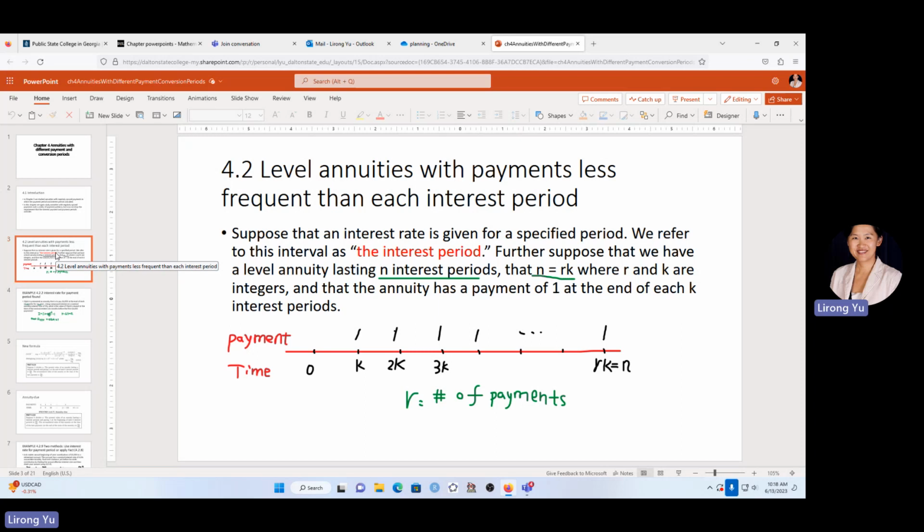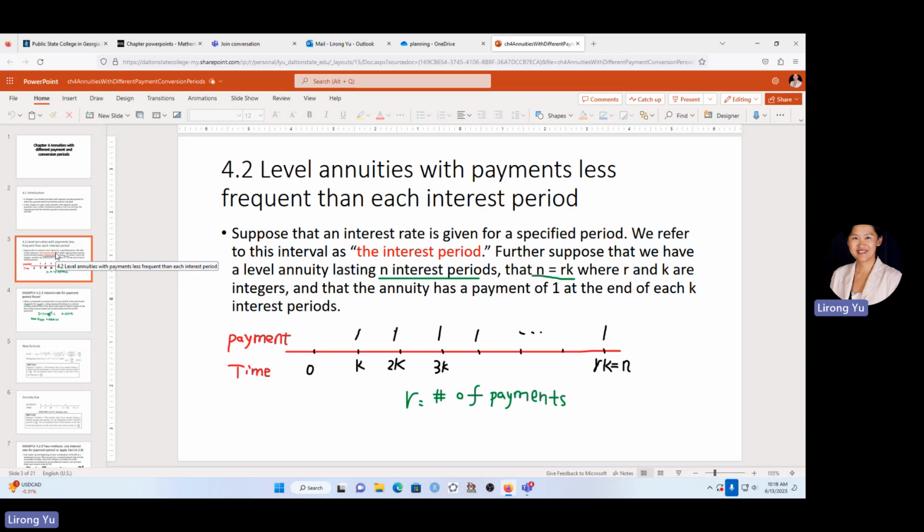Here we're using the letter n representing the number of interest periods. The number of interest periods is more than the number of payments, because we're paying less frequently than the interest period.